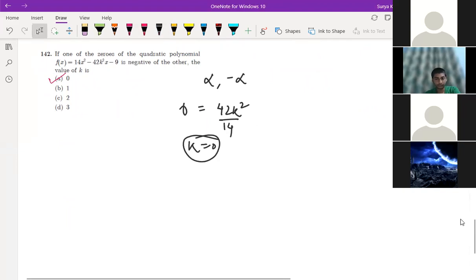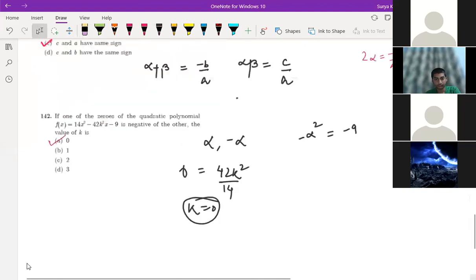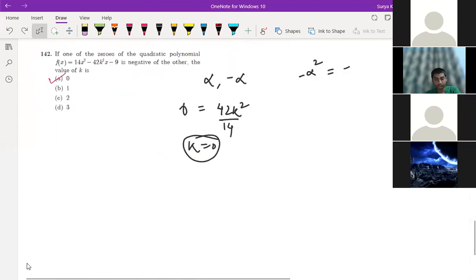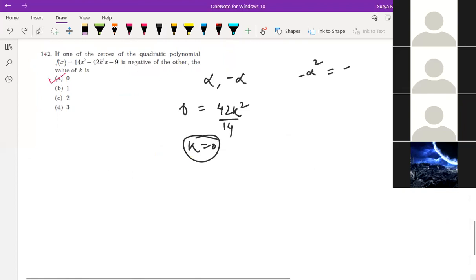And if you do by alpha beta, minus alpha into alpha is equal to c by a. So there is no k value over there. Yeah, the answer is k is equal to 0 only. This is the only option. By product we can't do anything.